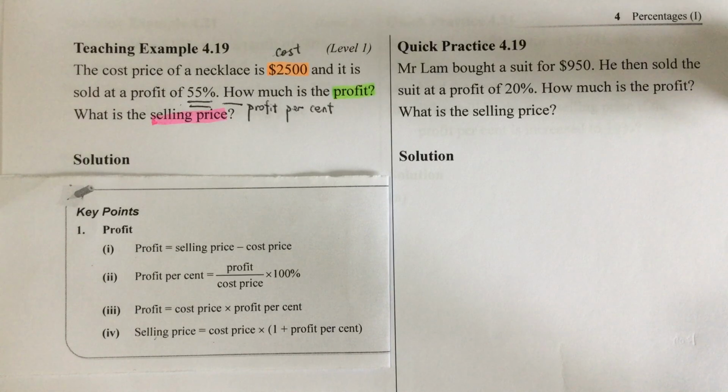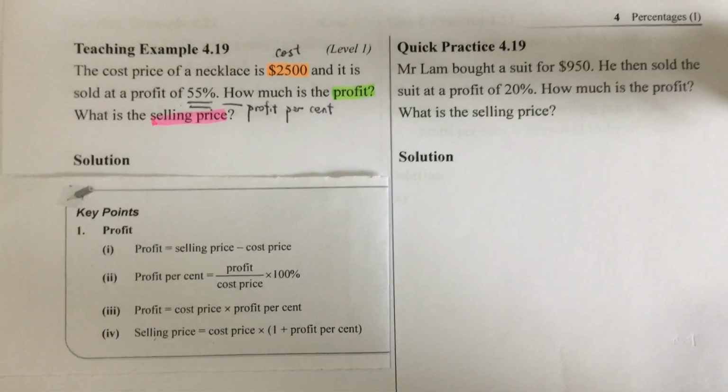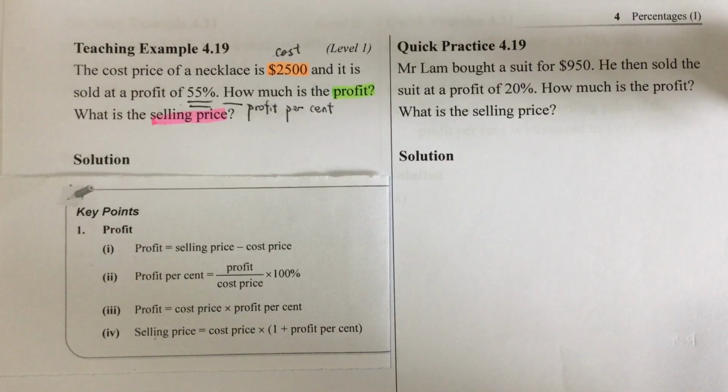I will give you 15 seconds. Okay, now if you are continuing your job, no need for hints. You can pause the video now, and we will give you the hints for what is the cost and what is the selling price.